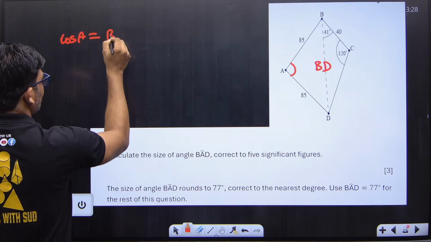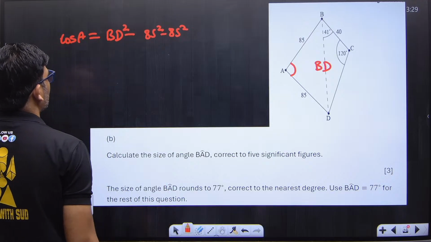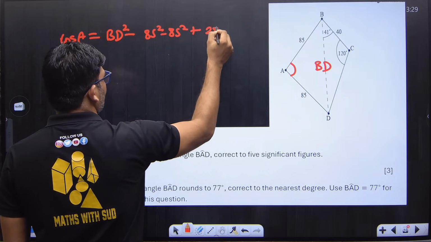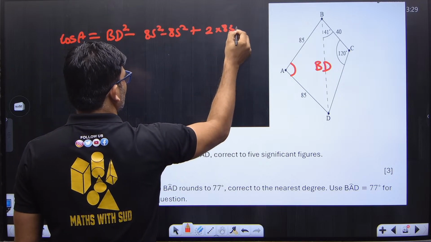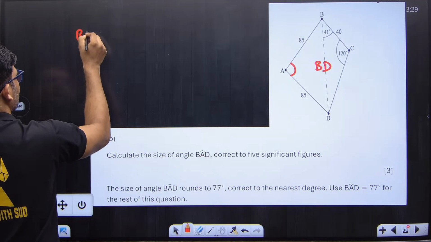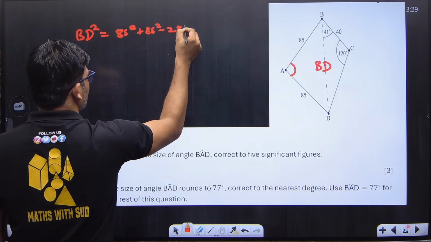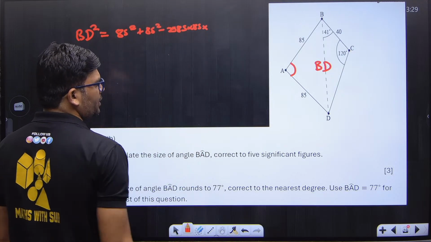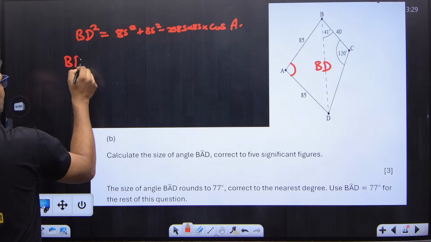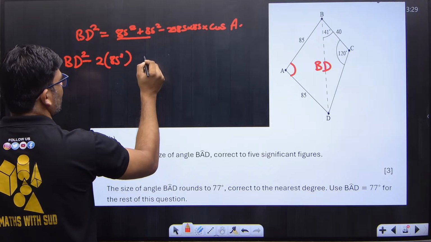So BD square is equal to 85 square plus 85 square minus 2 into 85 into 85 into cos of A. So we will subtract BD square, minus 2 into 85 square, because these are 2 85 squares.